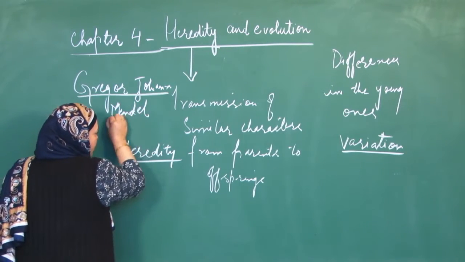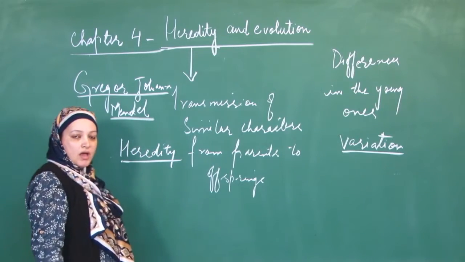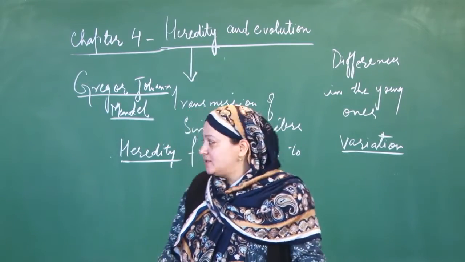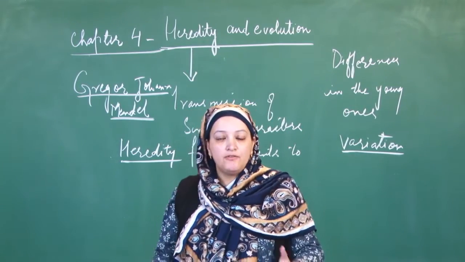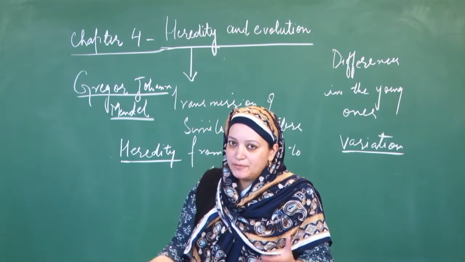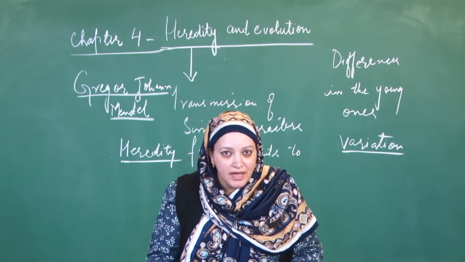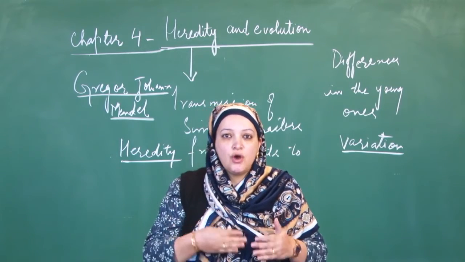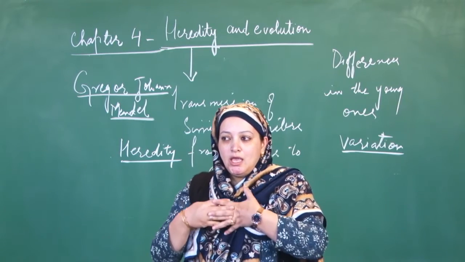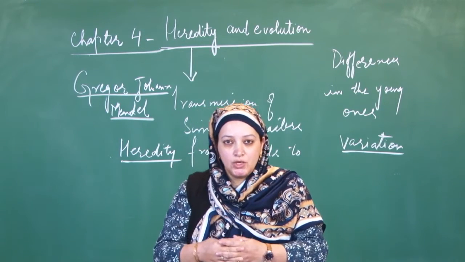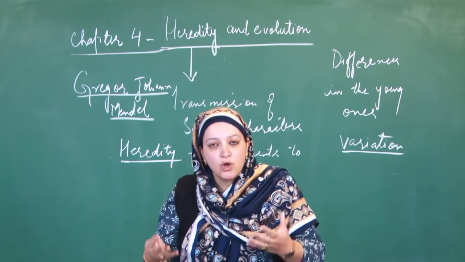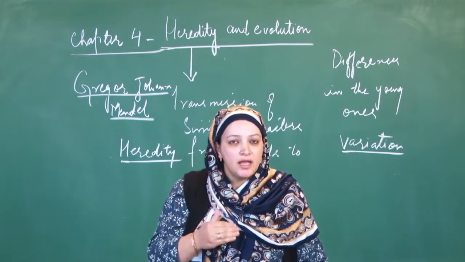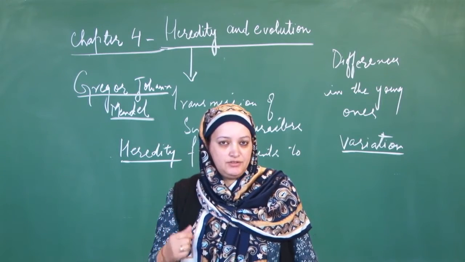It was Gregor John Mendel who gave answers to these questions, how the characters are inherited from parents to offsprings, and how the differences arise in the offsprings. Gregor John Mendel worked to show how characters are inherited from one generation to another generation.